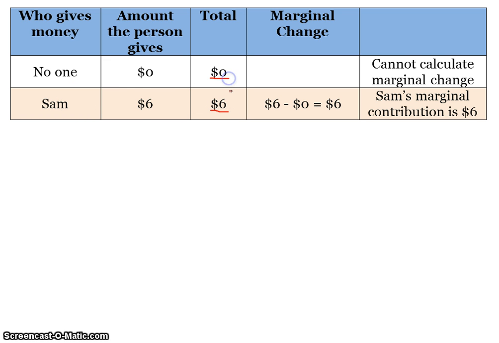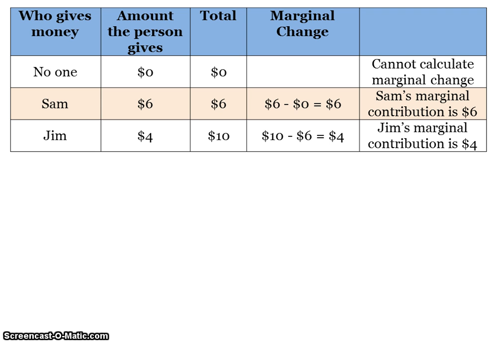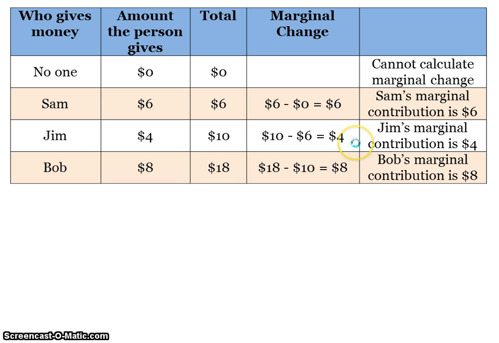We subtract our previous total of $0, and that tells us that Sam's contribution, his marginal contribution, is $6. Jim contributes his $4, and we can go through the same process. The total goes up from $6 to $10. The marginal change is $4.